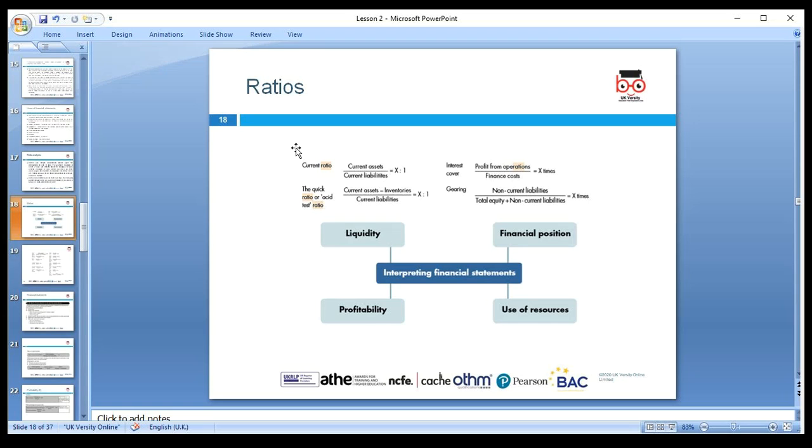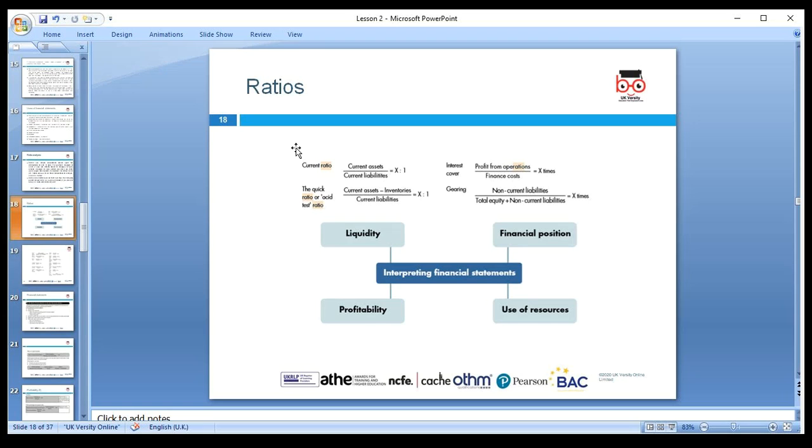Then we have financial position, also called the gearing ratio. What happens if you drive in a high gear? High gear is high risk. If your gearing ratio is high, it means your borrowing in the company is high. If it is more than 60%, that is not good for the company.